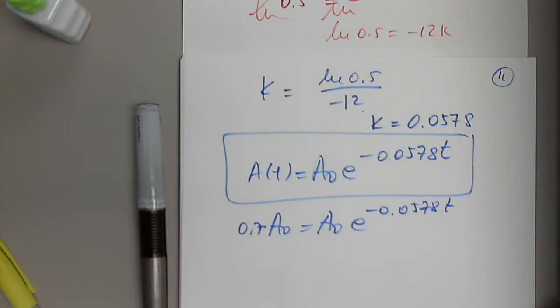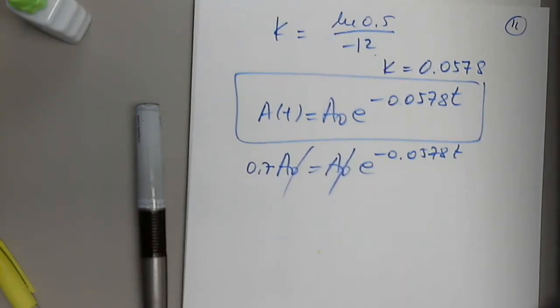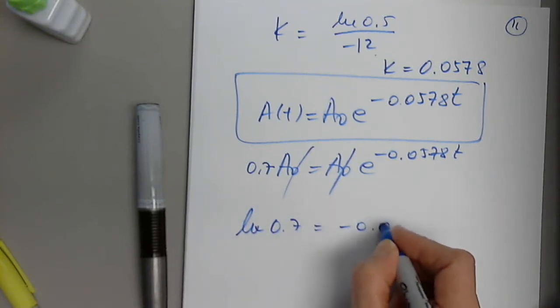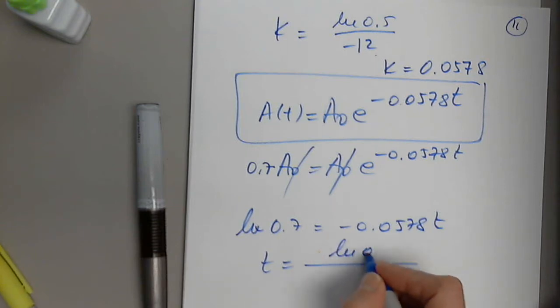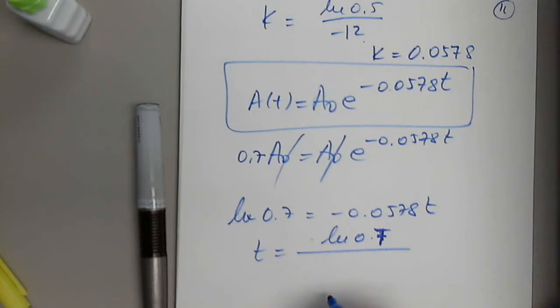To decay to 70%, it will need less than 12 hours. Agreed? Perfect. Okay, the same procedure. It doesn't matter how much I took. Natural log of 0.7 equals negative 0.0578 t, and I get t.